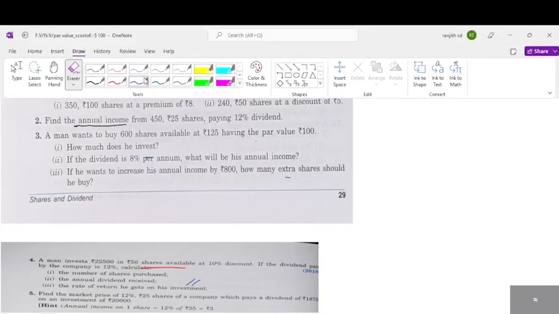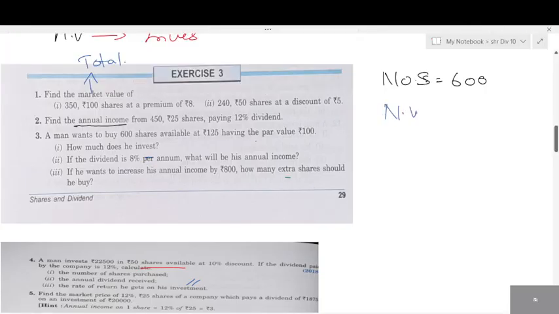Yes, par value means nominal value. So nominal value is 100. What do you mean by available at 125? Market value is 125. This is how they frame the question. Remember this word, students: whenever you get the word at, it is market value.